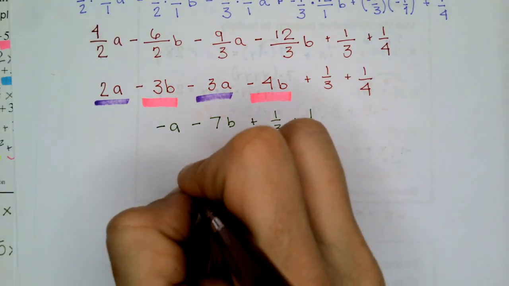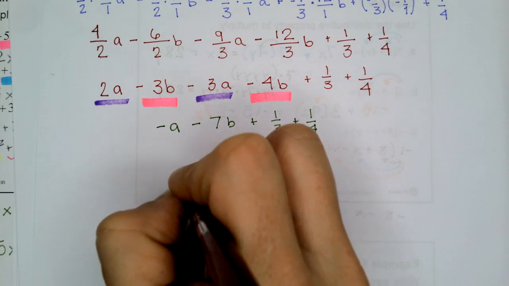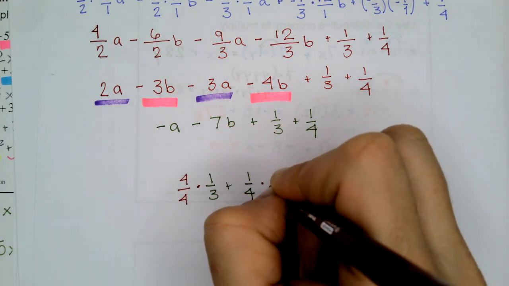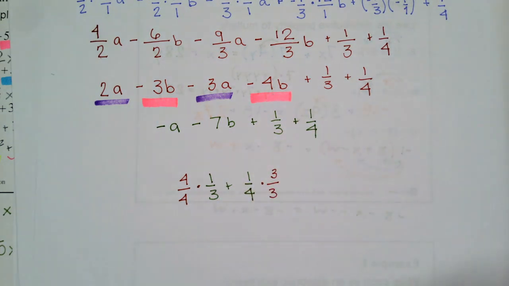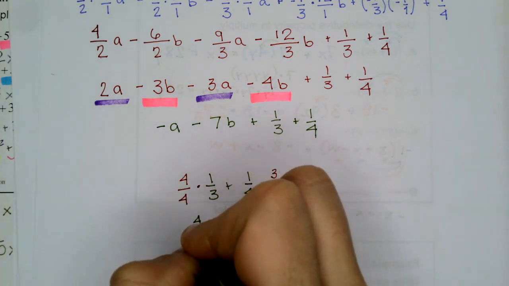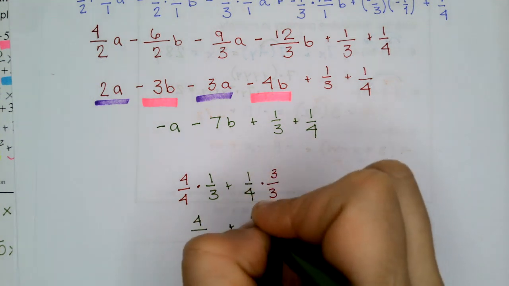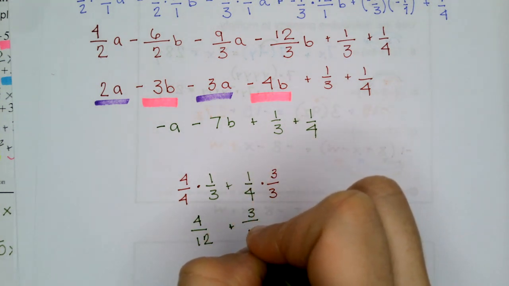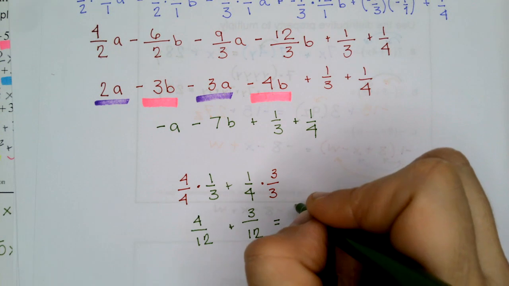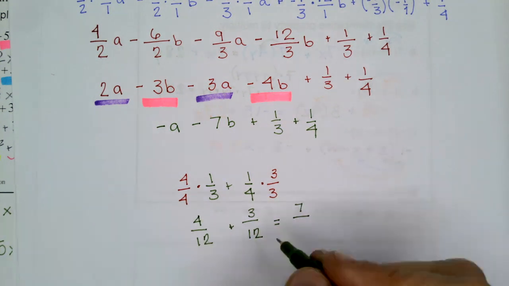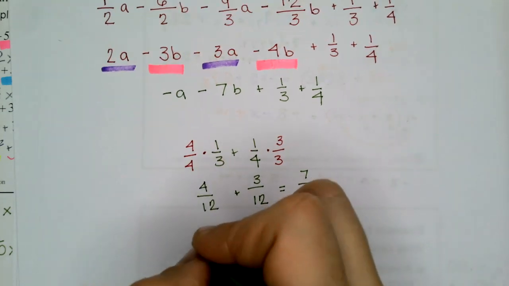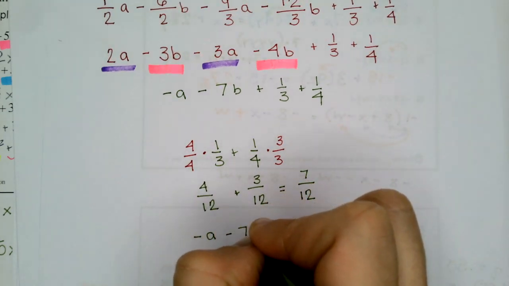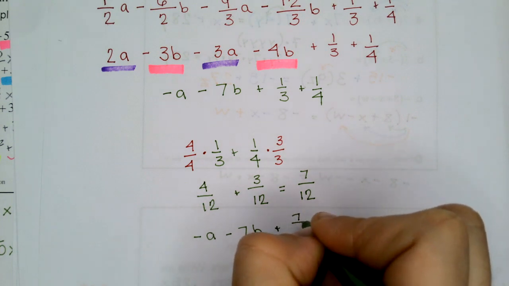So if I take that 1/3 and I multiply it by 4, and I take this 1/4 and I multiply it by 3 on the top and the bottom, I will end up with 4 times 1 is 4, 4 times 3 is 12, 1 times 3 is 3, 4 times 3 is 12. 4 plus 3 is 7. Now that I have common denominators, I can add straight across. 4 plus 3 is 7, 7/12. So that finally becomes negative a minus 7b plus 7/12.